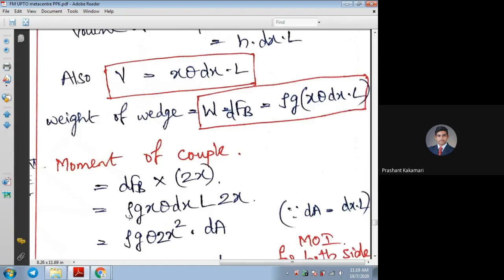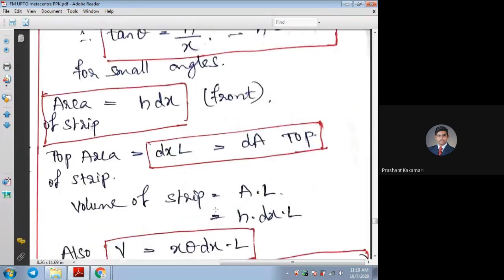I can write it as again rho g theta into 2x square, 2x into x, 2x square. Dx into L is the top area of the strip. So I'll write dA.